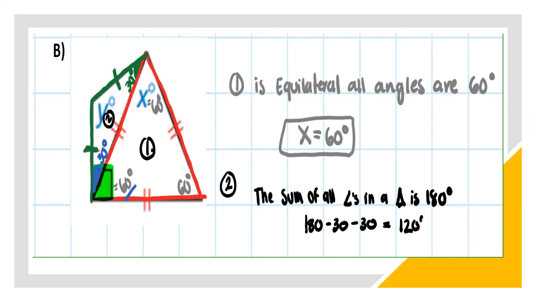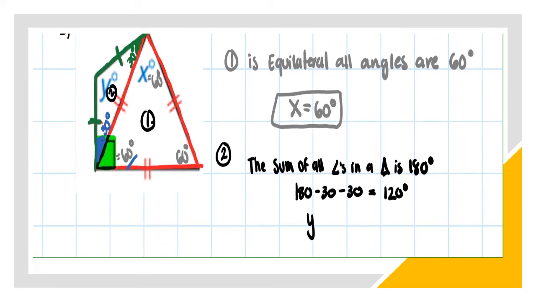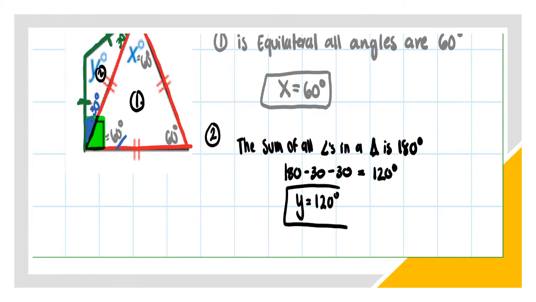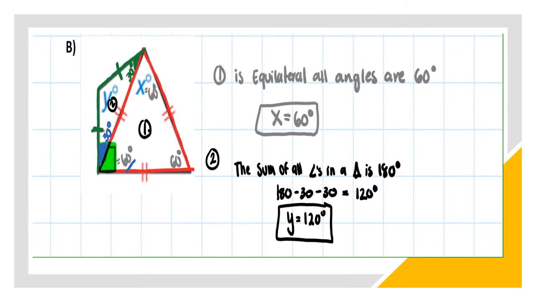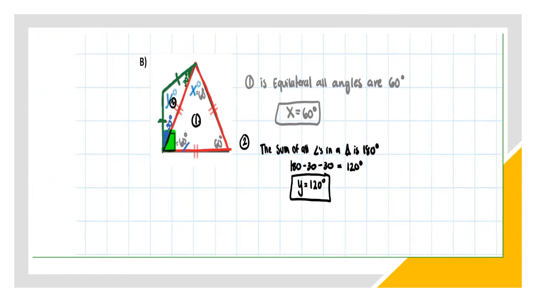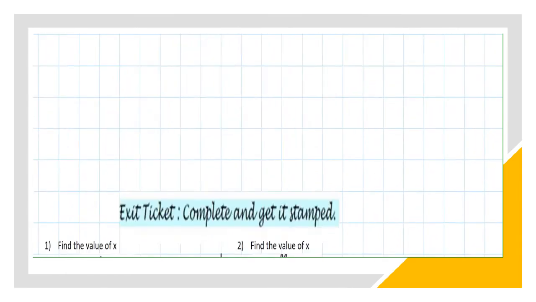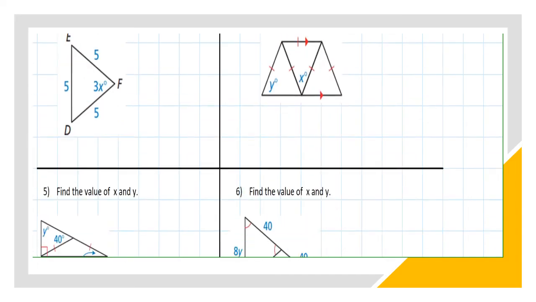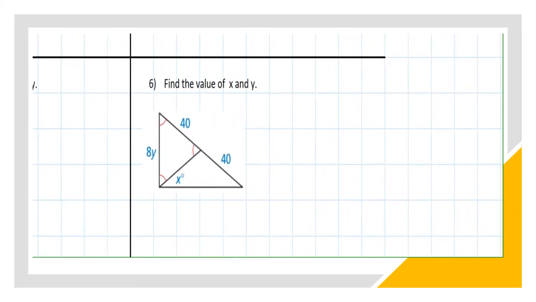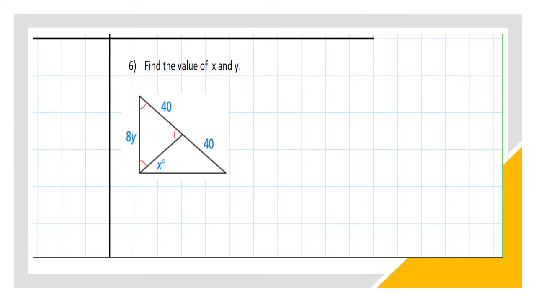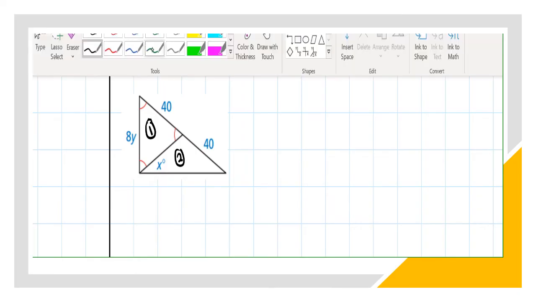We're going to subtract the angles that we already have, which are 30 and 30, from the 180, and the remaining part will be the angle that we're looking for, which happens to be y. So y would be 120 degrees. The moral of the story is to start with the triangle that has the most information. If you have an equilateral triangle, then you're best off starting with that one.